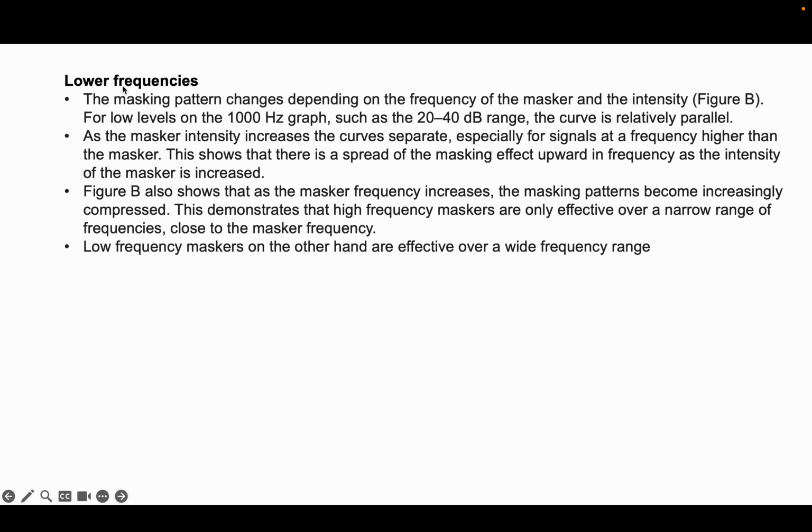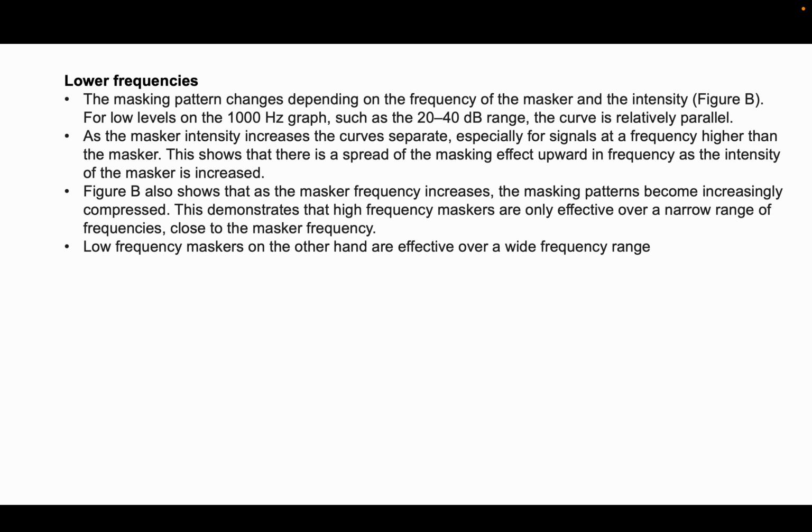So at the lower frequencies, and I believe these statements just summarize what I just said, as the masker frequency increases, the patterns become compressed, meaning that high frequency maskers are only effective over a narrow range of frequencies. And once again, that is relative, because remember, your scale was logarithmic.